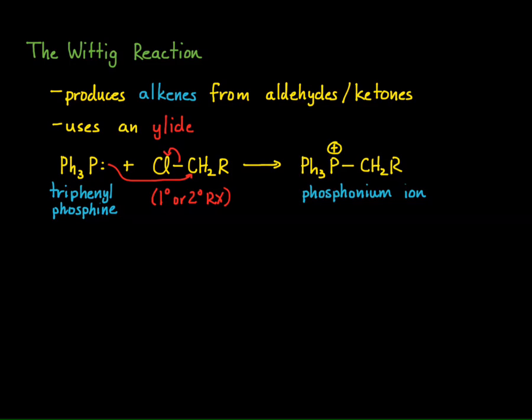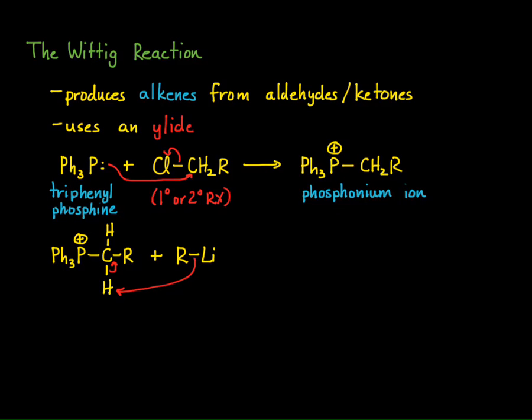Now, if we take that phosphonium ion and we treat it with a strong base like an organolithium reagent, so if I treat it with butyllithium, that butyllithium can remove a proton from the carbon attached to that phosphorus. And if we think about it, that phosphorus is electron deficient, so it's withdrawing electron density away from the carbon, and it makes that carbon-hydrogen bond fairly acidic.